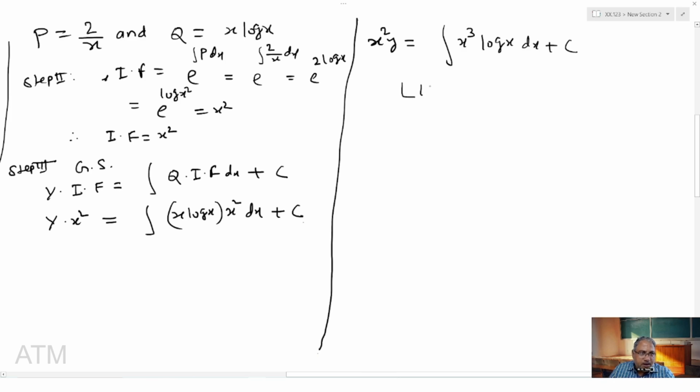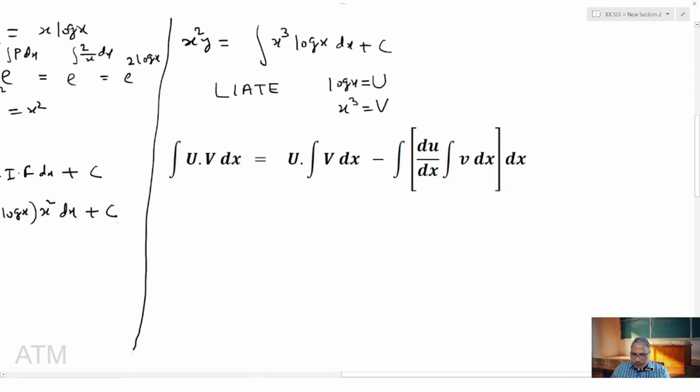As per the LIATE rule, log x equals u and x cube equals v. And we now apply the product rule of integration. This is the product rule: u integration of v dx minus integration of du by dx times integration of v dx, again dx.